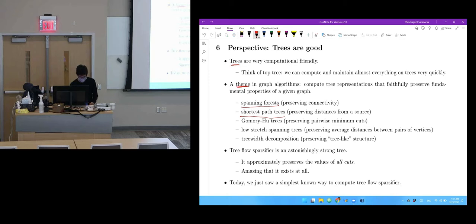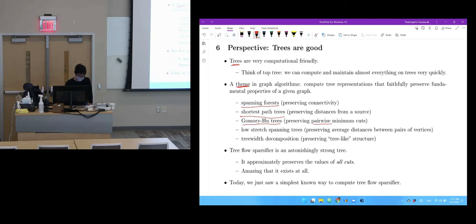So there is some tree that is more surprising, called the Gomory-Hu tree. Have you heard of this thing? I want to tell you, it's quite nice to know. So this is a tree such that it preserves pairwise min cut.